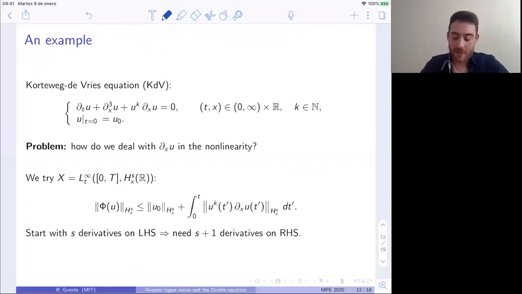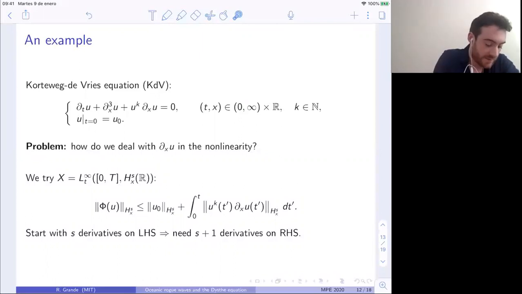Here's the KdV equation. This is an equation that shares a lot of similarities with ours. This is used in practice to model the propagation of long water waves in a channel. And the similarities are quite a lot, actually. The first thing, despite it being a one-dimensional equation, is that the linear part of the operator has degree 3.